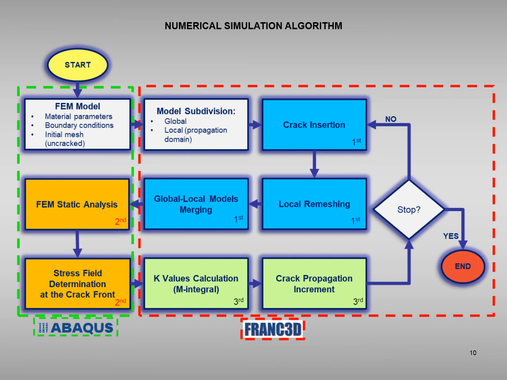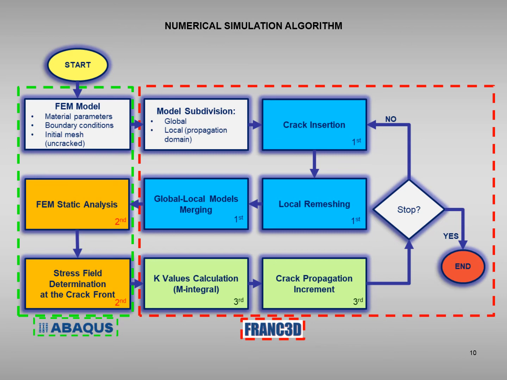This is the input for the fracture analysis code Franc3D. This software divides up the model into two parts, the global and the local. Franc3D adaptively remeshes an existing finite element model with the inserted crack to generate a cracked model.